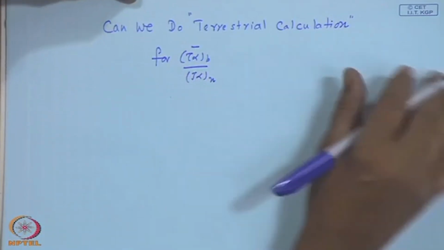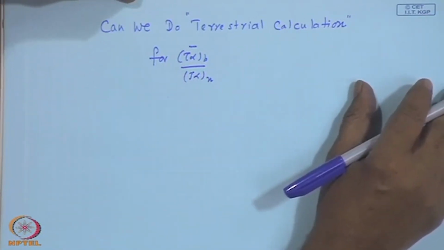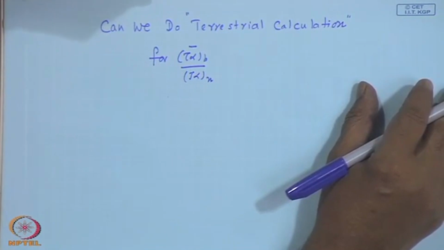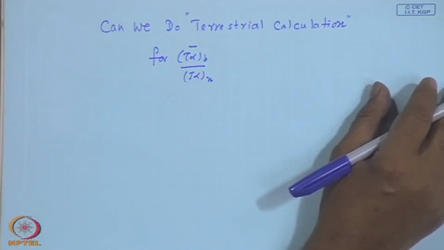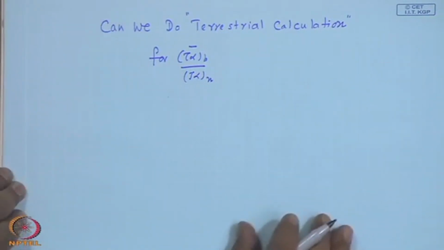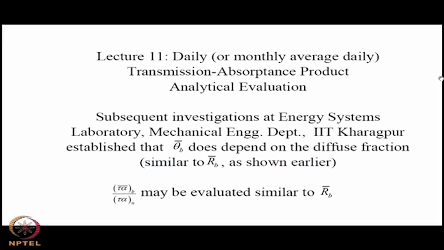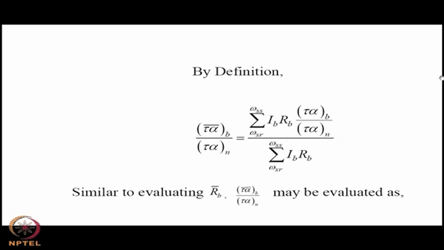Same question that will be coming to us, can we calculate tau alpha bar b upon tau alpha n under terrestrial conditions like we have done for R b bar t? So, the answer is we may envisage little mathematical difficulties in terms of integration etcetera, but in principle it should be possible by using even your R t and R d correlations.